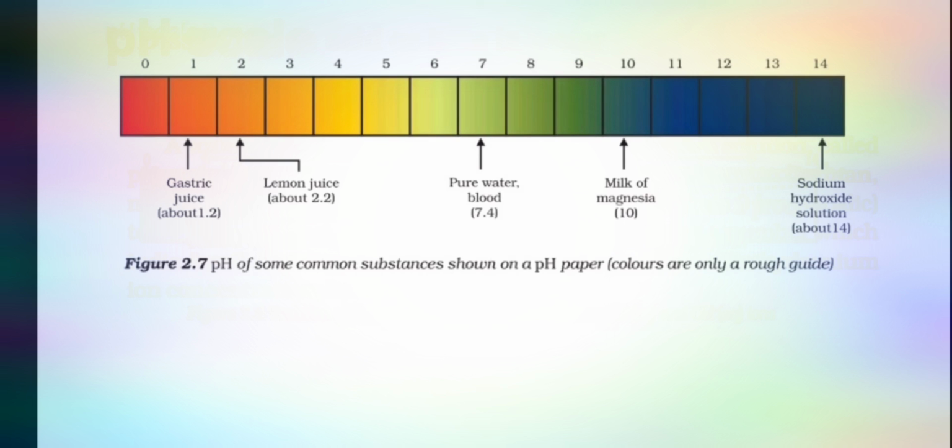We know that lemon juice is acidic in character and sodium hydroxide is basic in character. By comparing these two, we can say that when the pH value reduces, the acidic character is high, and when the pH value is high, the basic character increases.